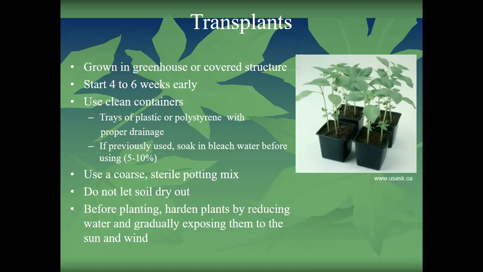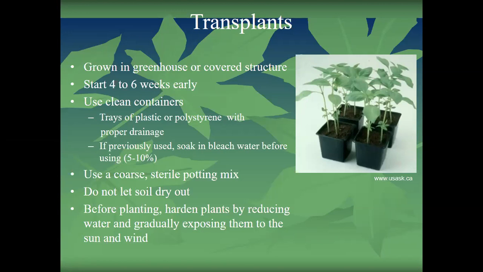So you want to use clean containers, trays of plastic or polyethylene with proper drainage. If previously used, well, I spoke about that when you're recycling or reusing the trays: you want to give them a good sterilization before. You use a coarse sterile potting mix.